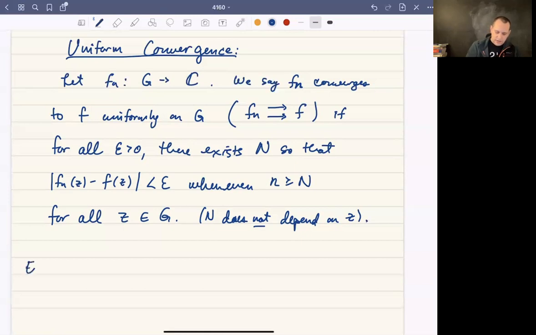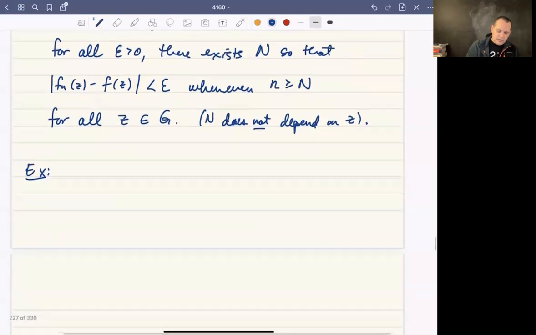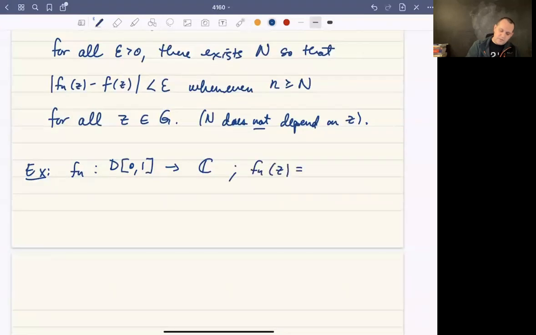Okay, and so here I think a good example is again going to be this sequence of functions f sub n of z is z over n, but I'm going to change the domain to be over the unit disk. So again here our sequence f sub n of z is going to be z over n.